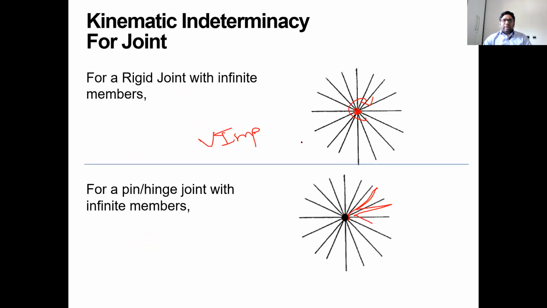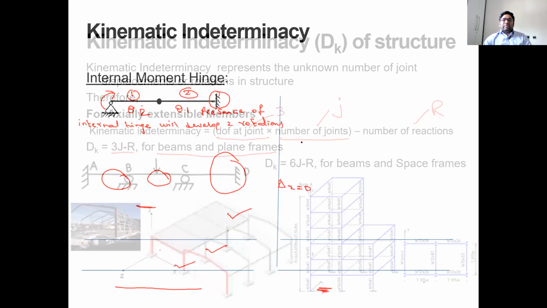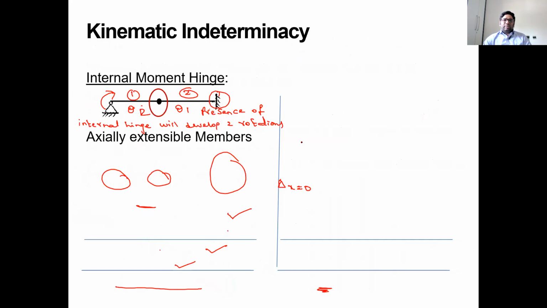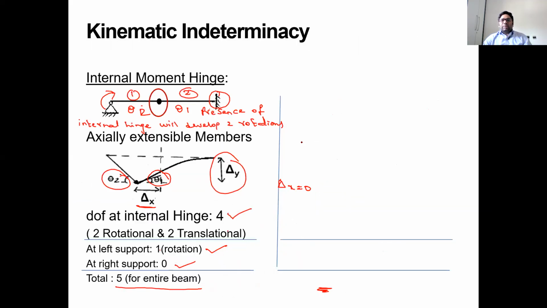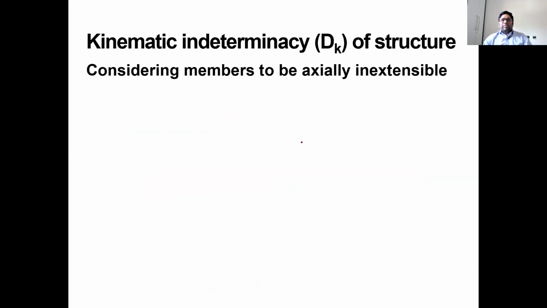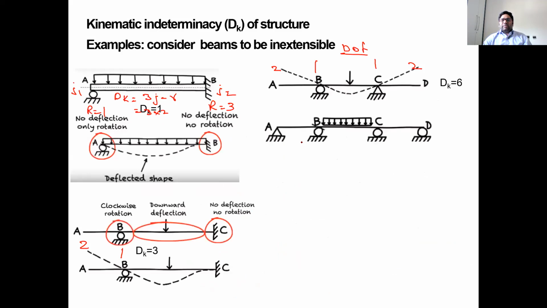And one more thing, this 3j minus r, we will be using it for extensible members or inextensible, depending upon our requirement. But you should understand that only for axially extensible members, we will use 3j minus r. Otherwise, depending upon the table that I have given, you need to choose these examples. Okay, fine. Next.